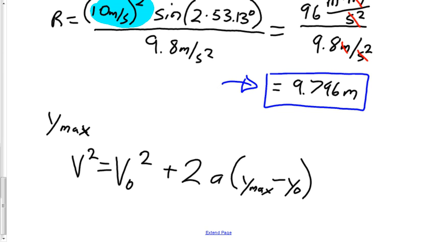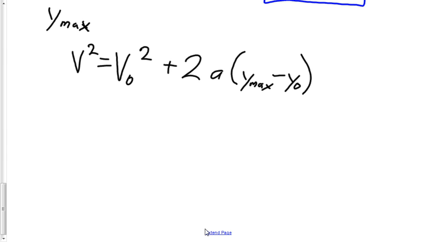So as you can see, I'm going to solve for y max, and really it's y max minus y naught. One very crucially important thing is that for the y max, v is going to be 0. The final velocity is going to be 0 because it comes up to a stop at its highest point.